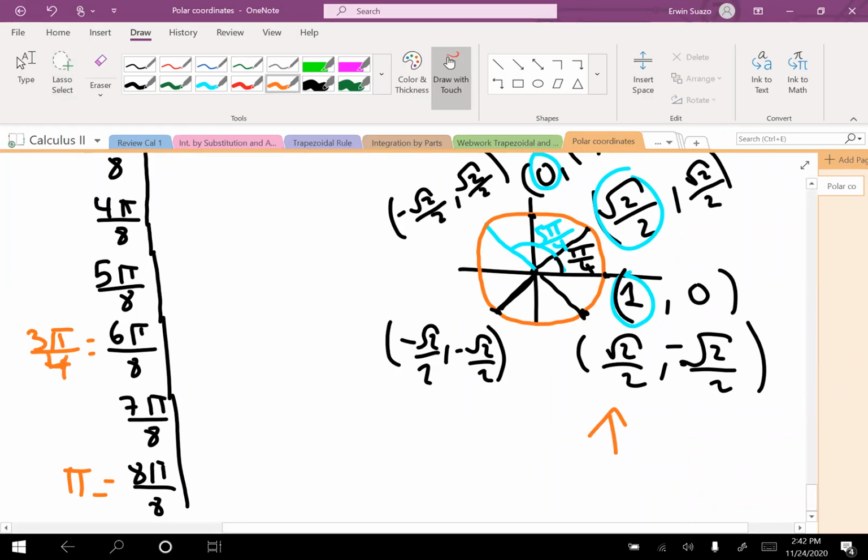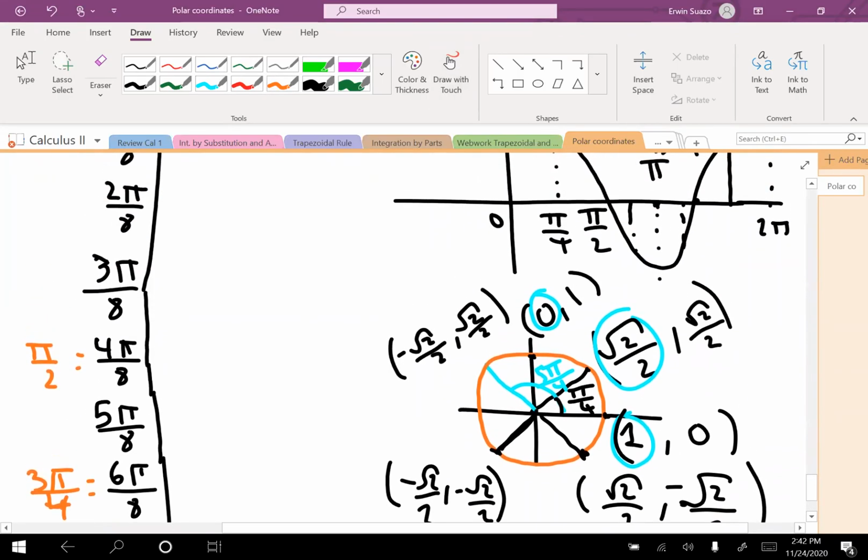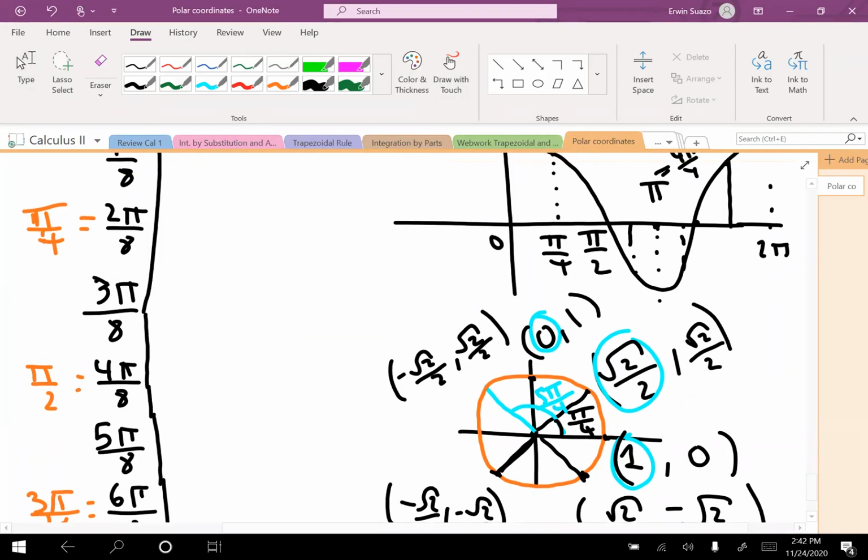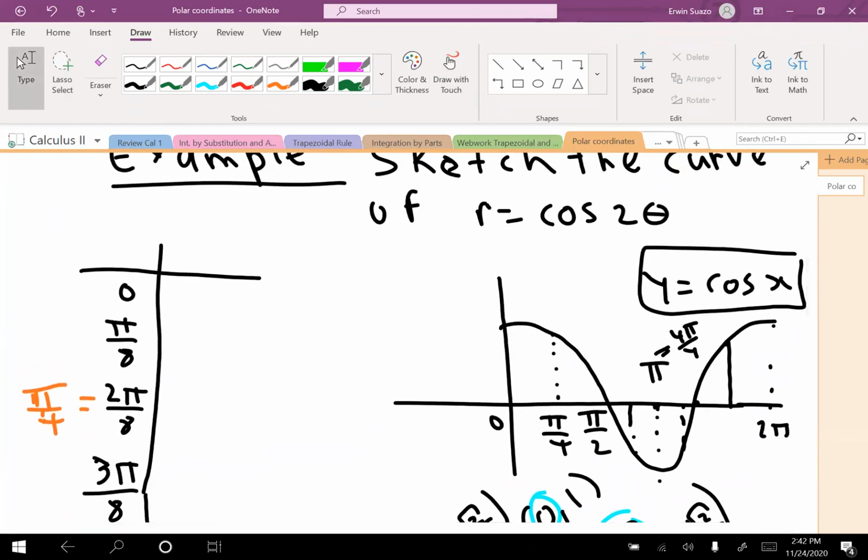But of course, you can use your calculator just to plug in. But I want to show you that you don't need a calculator for your precalculus, pi halves, pi fourths. Okay. So all that you need to do is plug in, right?